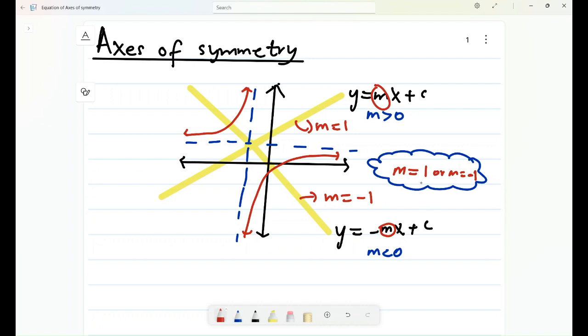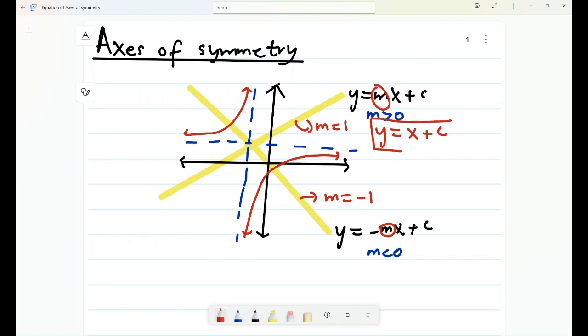What exactly am I trying to say here? I'm saying the equation for this straight line is like this. If I were to renew it, it's going to be y equals x plus c. Why? Because the gradient here is positive. For this one, it's going to be y equals negative x plus c. Why?